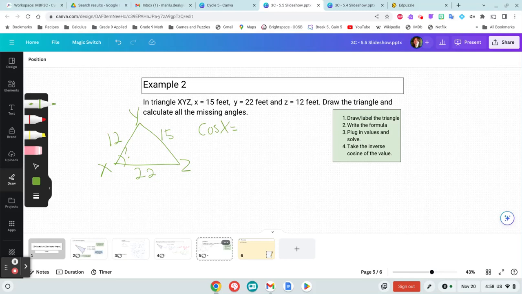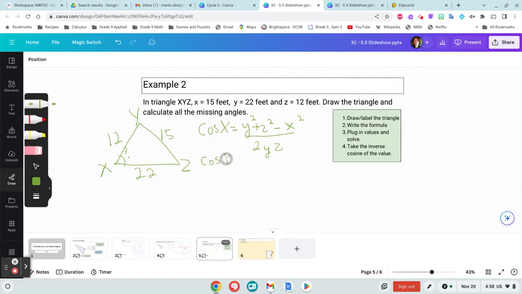So I'm going to rewrite the formula using the letters that I have. Cosine of X is going to equal Y squared plus Z squared minus X squared. It's the other two sides, side Y and side Z that I know, minus the X, all over 2YZ.